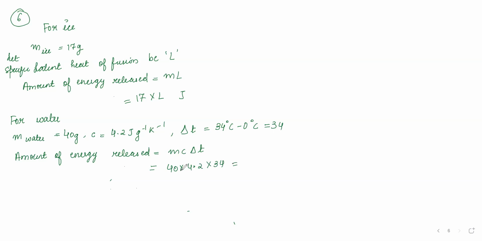Okay, I'll just use the calculator. 34 into 4.2 into 40. Okay, so this has been calculated as 5712 joule. Before that, here we need to make a correction. When the ice is melting, the energy will be absorbed, not released.